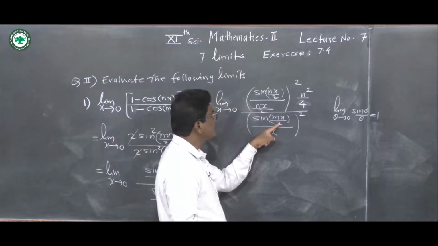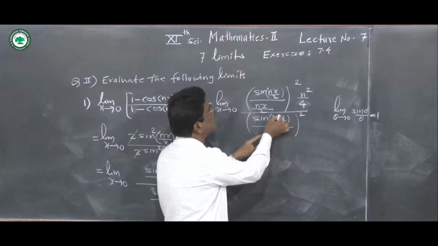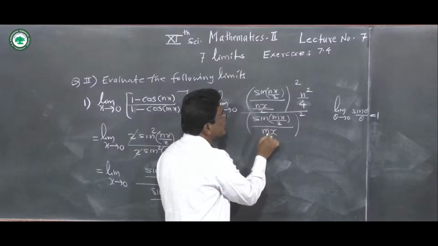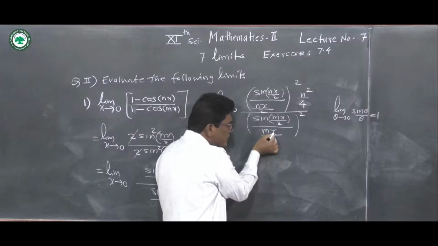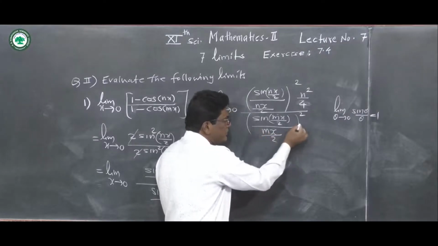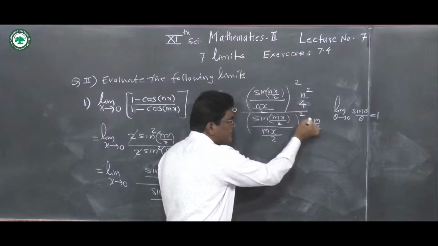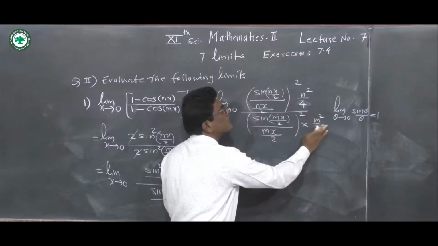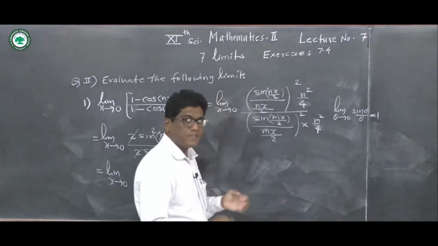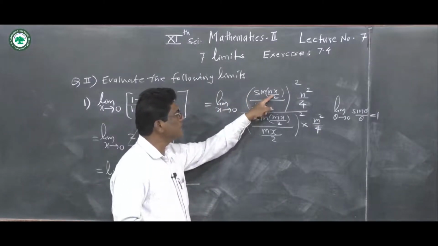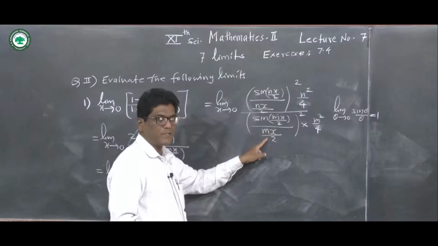Out of that, x is present, but m by 2 we have to adjust. So we adjust m upon 2, and to cancel it we multiply by m by 2. But here it is square, so m square upon 2 square, and 2 square means 4. In this way, we adjust the angle of sine in the numerator and denominator.